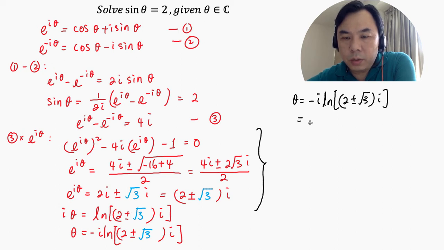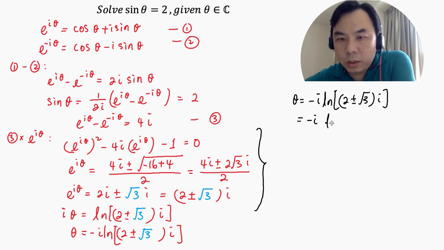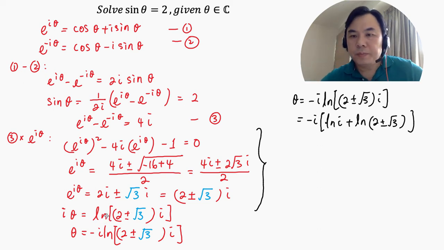I can actually write it down as negative i, by applying the logarithmic rule, so I can write down ln i plus ln(2 plus or minus surd 3). Now that's what we have currently.